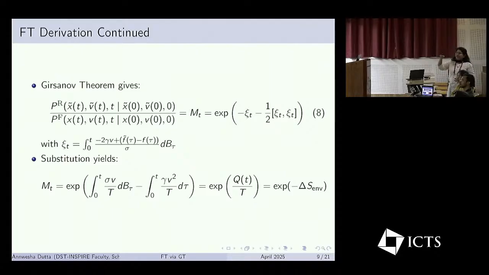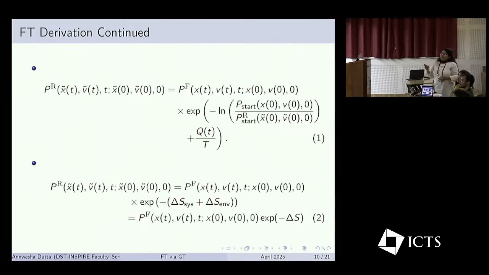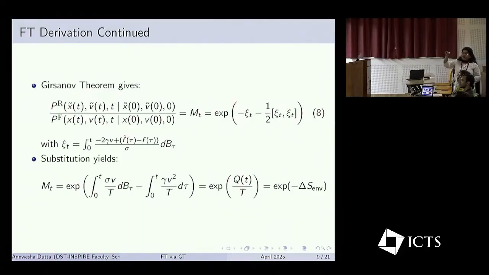If we use the thermodynamic interpretation and do some mathematics, we get that M_t equals exponential of Q_t by T, which equals exponential of minus delta S environment, the environmental entropy. We have to keep in mind that here we are talking only about the conditional probability part, which is our dP and dQ in the Girsanov theorem.